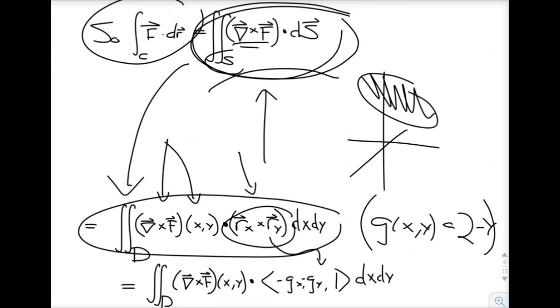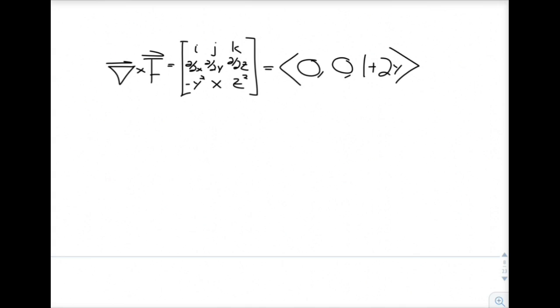Right. So now we need to fill in these pieces. What do we need? Well, we really need to find the curl of F. Then we need to evaluate at x and y, and then we need to find this vector expression here. So let's go find those pieces. First, I calculate the curl of F. It's done by calculating the determinant of this matrix right here.